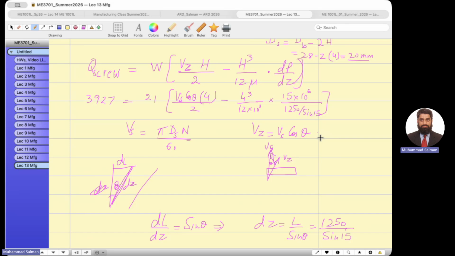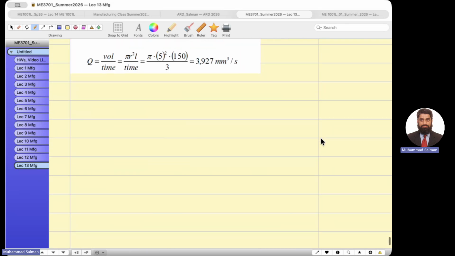So when you go home, try to solve this. Once you solve for Vz, and Vz equals pi dn over 60, with this screw, that gives n equal to 101 RPM. We will start from here next week. Okay.